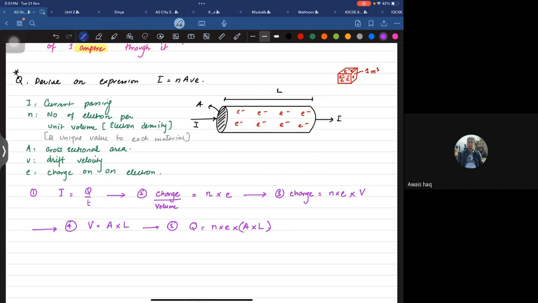Then, because I have the total charge, I can put it back in equation 1. So the 6th step: current is charge upon time, so I can write it as N times E times A times L divided by T. So this is what I got.